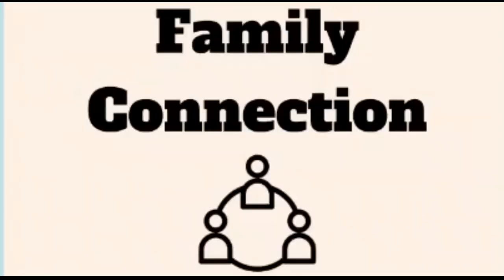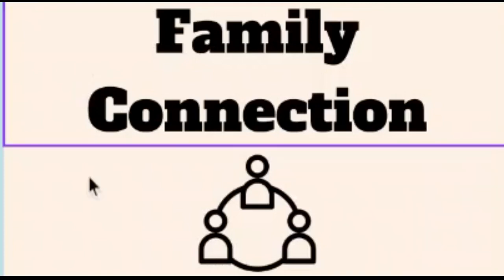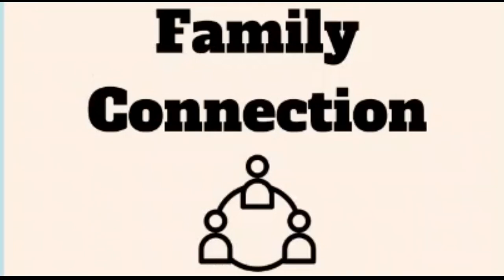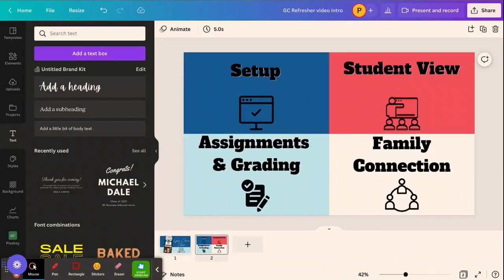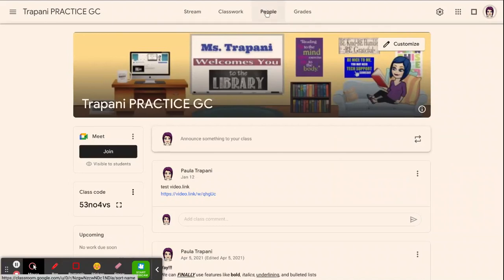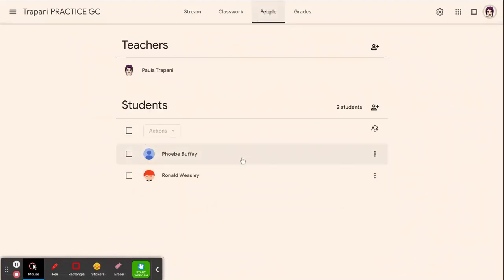And the last piece is this idea of family connection. So if you remember from last year, parents have the option not of becoming students in your class. You cannot invite anyone who is not a member of the Uniondale School District to be a member of your class.